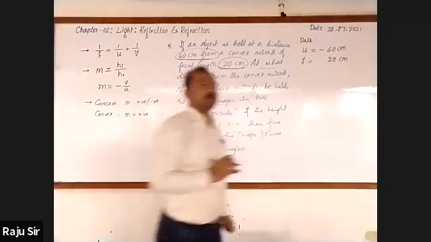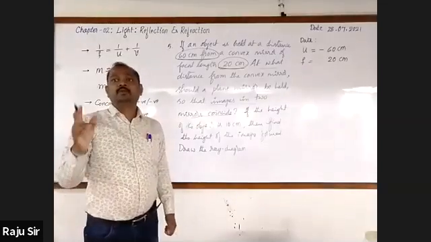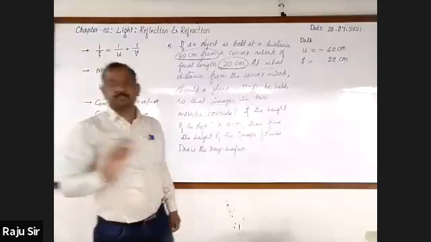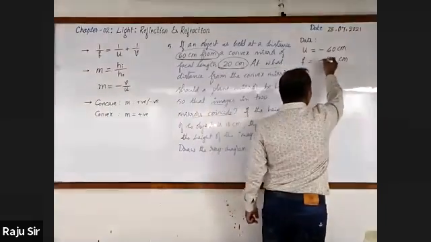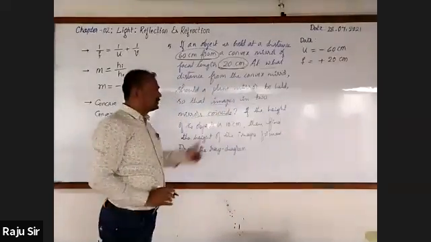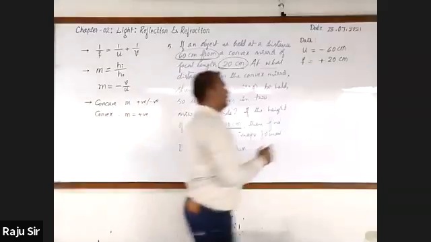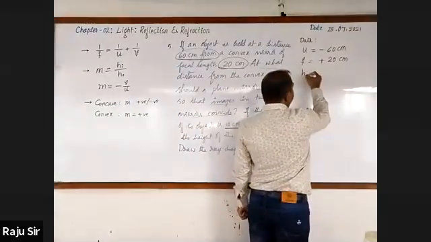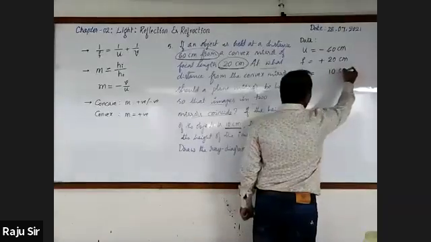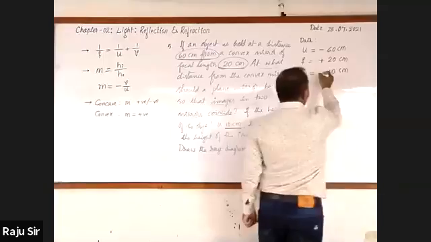Whether it is positive or negative? Positive. We know that the focal length of a convex mirror is always positive. And then the height of the object is given. How much? It is 10 centimeter. h0 is equal to 10 centimeter, and this is also positive.